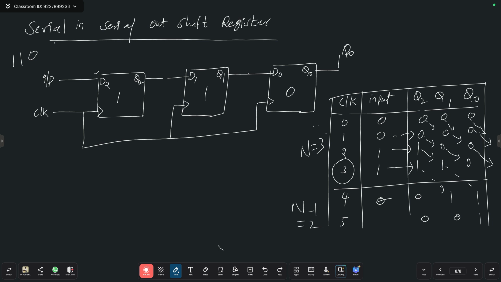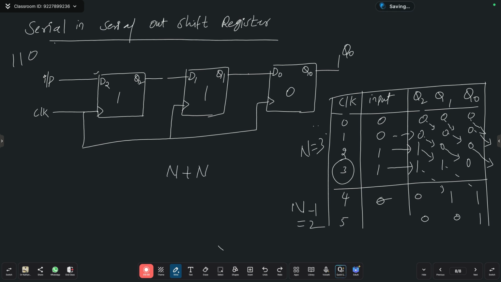They are not moved. If you want to move them, you need 2 extra clock pulses. What is that? N minus 1 equals 2. So to perform this shifting of all 3 bits in the serial in, serial out shift register, what is the formula? Tell me.